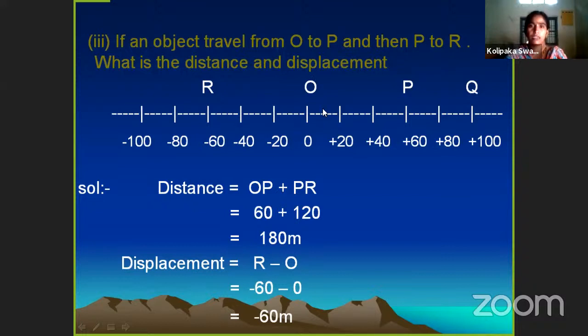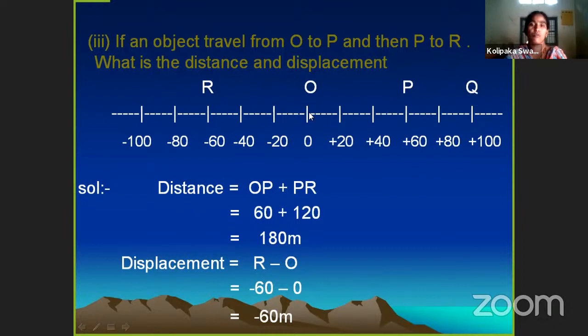The object travels from O to P, and after that it comes from P to R. We know distance is the total path covered by the body.